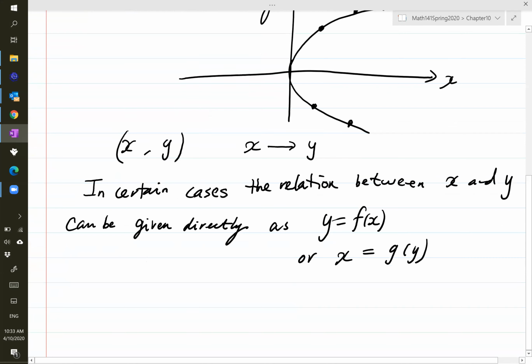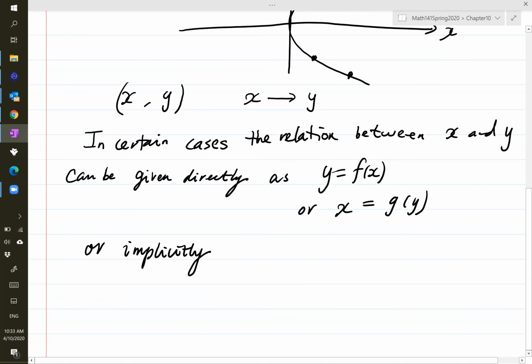Sometimes we don't get an explicit relation between x and y, and it's hard to find one. So we may give it implicitly, in the form f(x, y) equals 0.